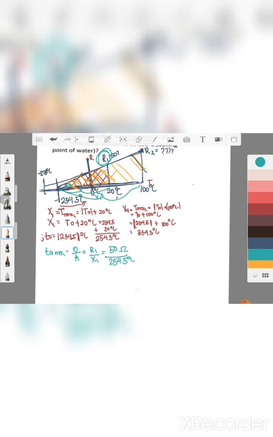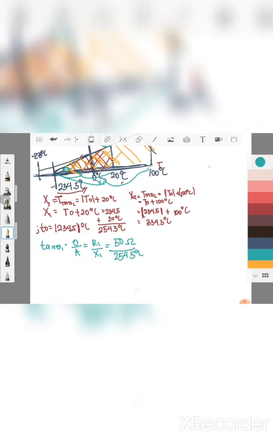What is our tan theta 2? Take note that your tan theta 1 is equal to your tan theta 2, which is also equal to R2 over x2. Take note that our R2 is unknown. So this will be your R2 divided by X2, which is equal to 334.5 degrees Celsius.